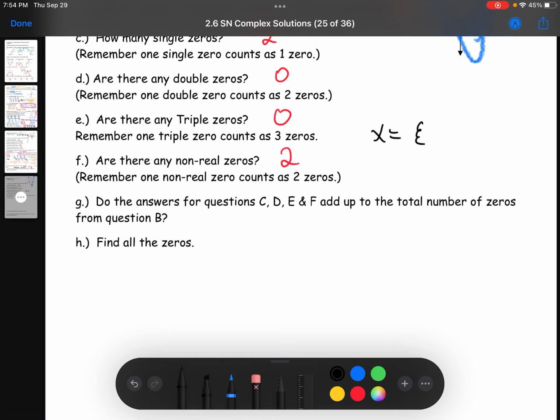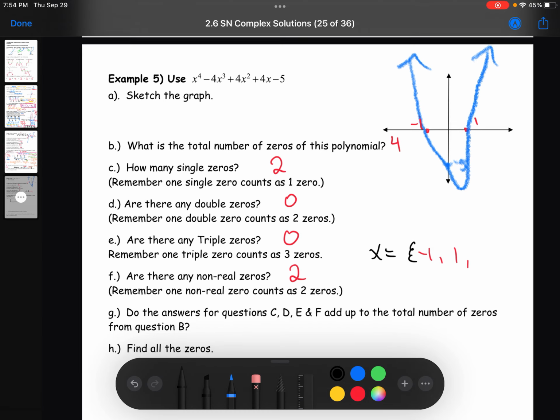So we do know so far that x equals, we have a -1 and a +1, and we'll have those 2 imaginary solutions. So to divide that out, we need to use synthetic division to divide those factors out.